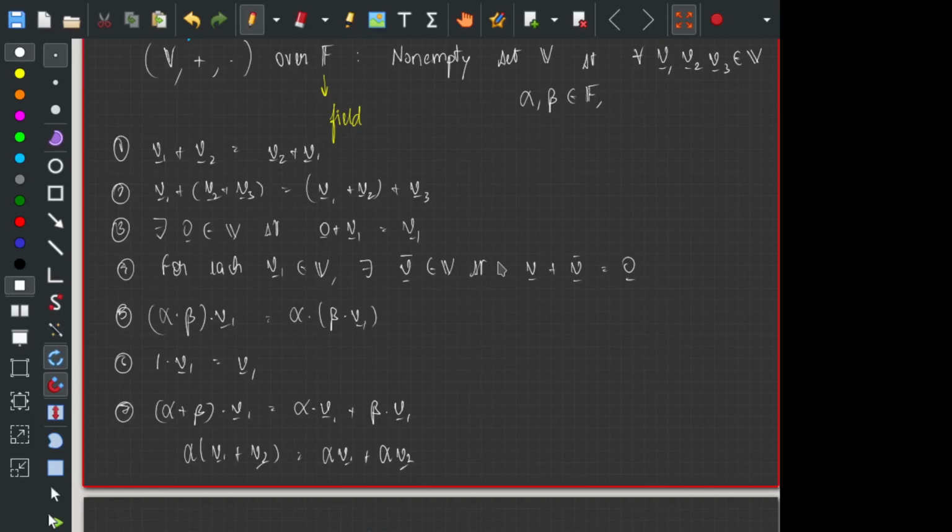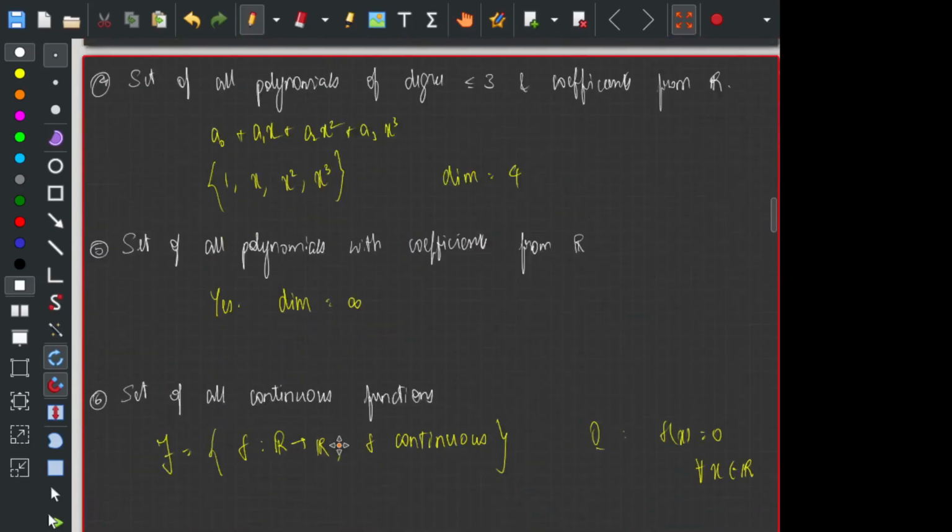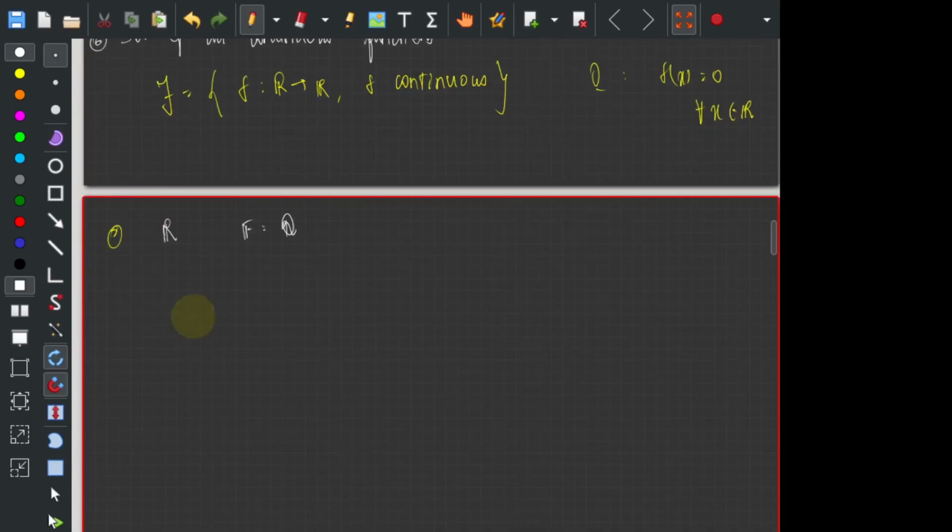Yes, so negative numbers are there in the set of reals. Again, if I take alpha, beta from rational numbers, this property is satisfied. 1 times any real number is equal to the real number itself. It's distributive, right? So it forms a vector space. Does everyone agree? Okay. So this is a vector space.